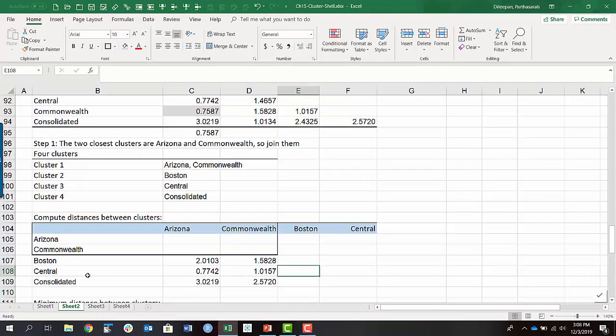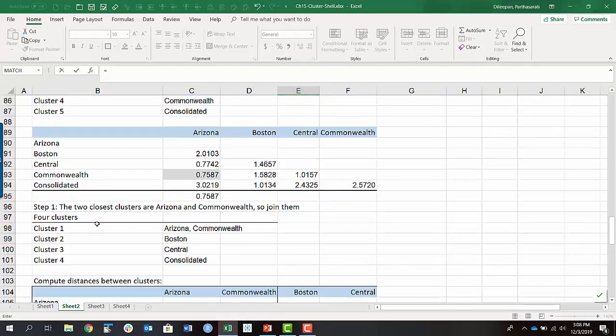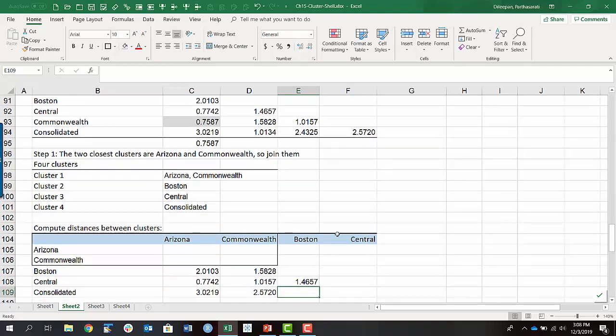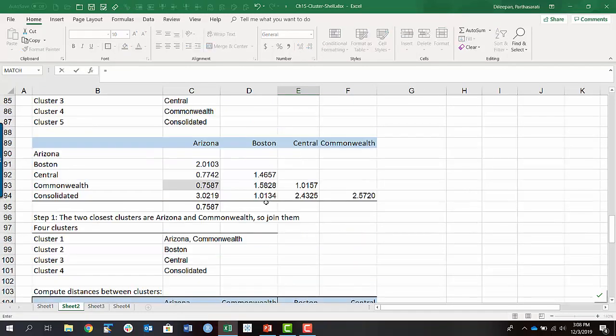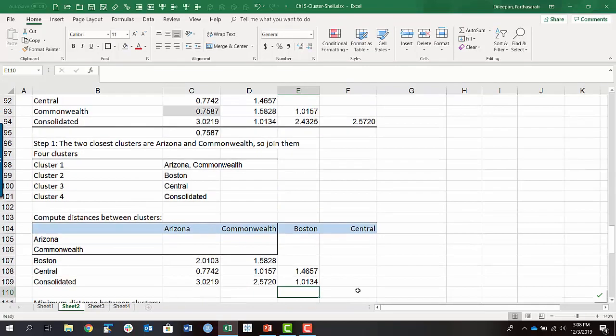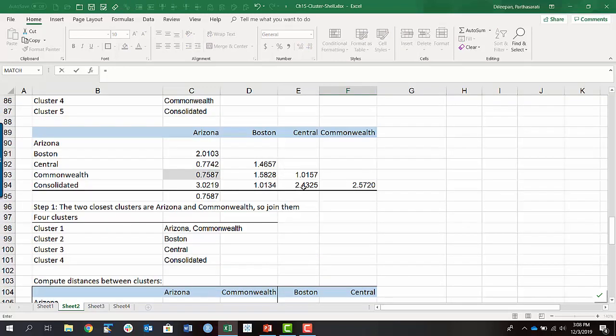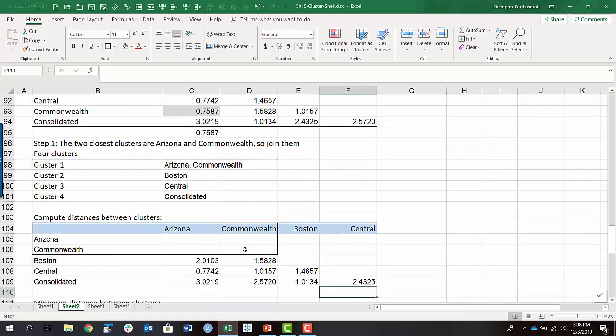Then we also need Central to Boston, Consolidated to Boston, and Central to Consolidated. So these are the distances.